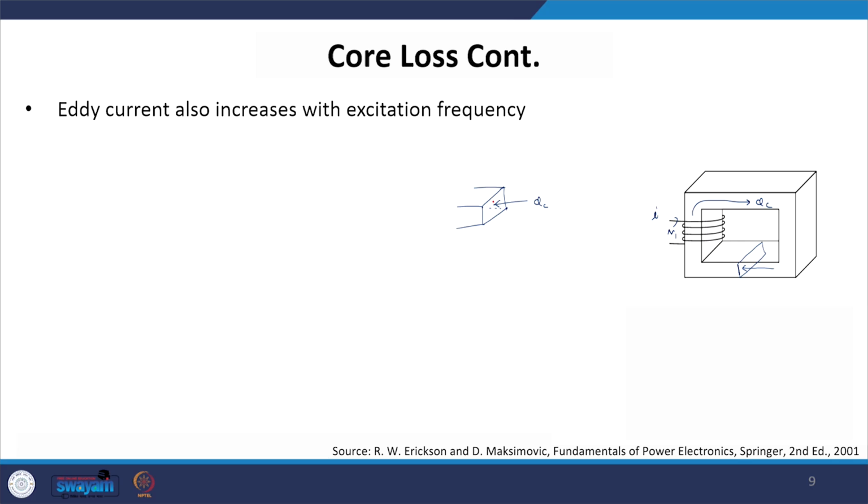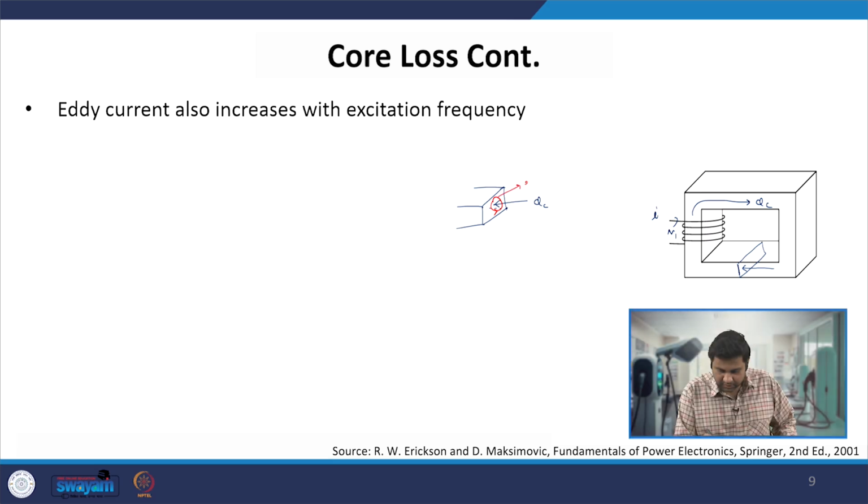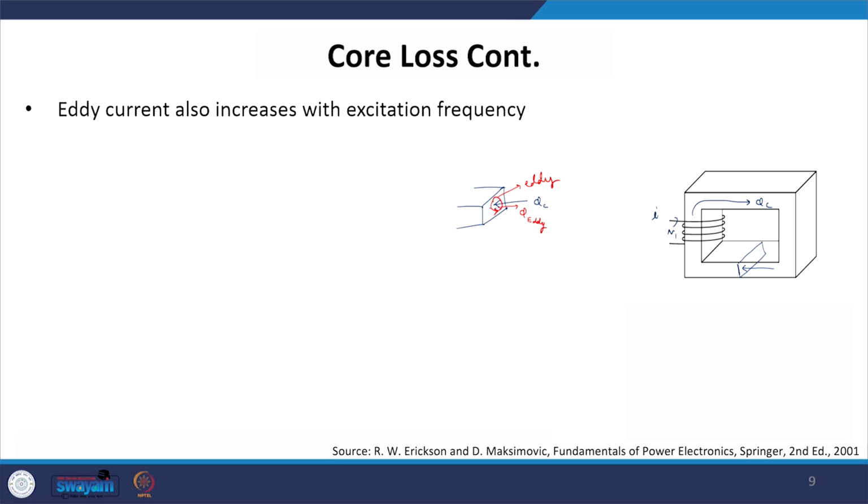So we will have the eddy currents induced in this direction, and the direction is such that the flux created by this eddy current opposes the flux which is causing that eddy current to be induced in the material.